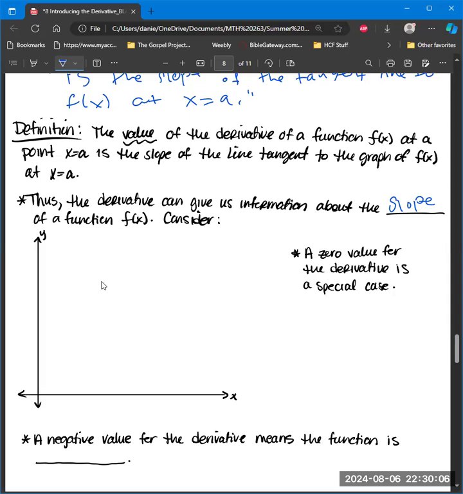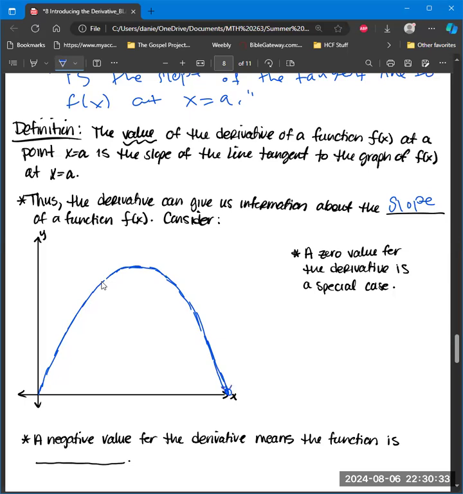So let's consider this graph. I'm going to try and draw something that looks kind of quadratic here. It goes up and turns. It's going to come back down over here like so. Okay.